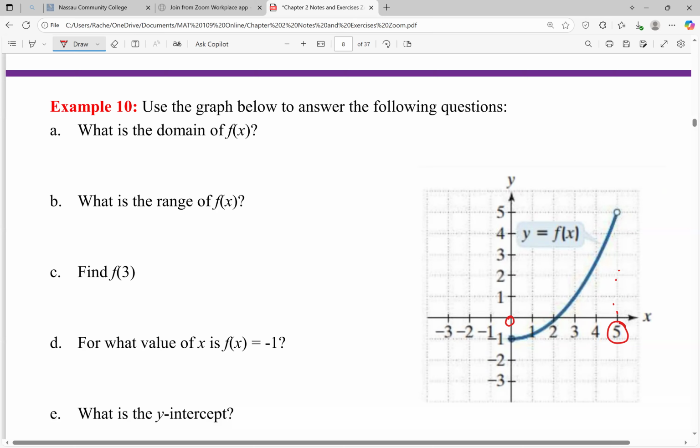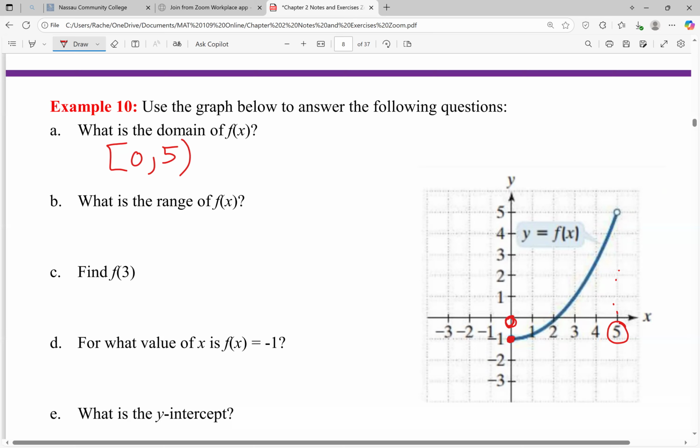My domain goes from 0, which is included because this is a closed circle, the point 0, -1, but the x value is 0. And it could assume any value up to 5, but not including 5 because of this open circle. So my domain is 0 to 5, not including 5.